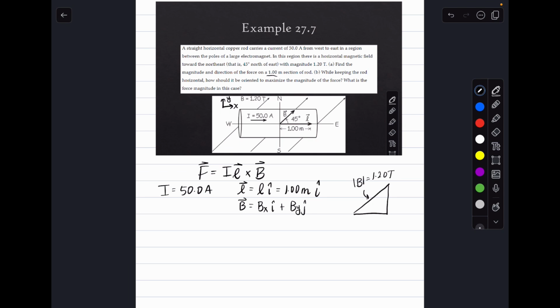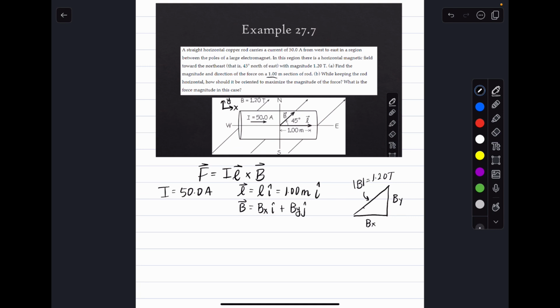This would be the X component. This would be the Y component. And it's a 45-degree angle. So we don't really need to use similar triangles here, because we have the angle. We can just straight up use our sines and cosines to define this particular triangle.